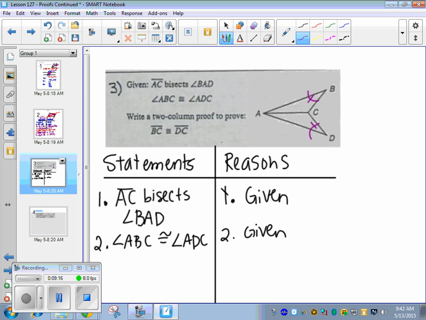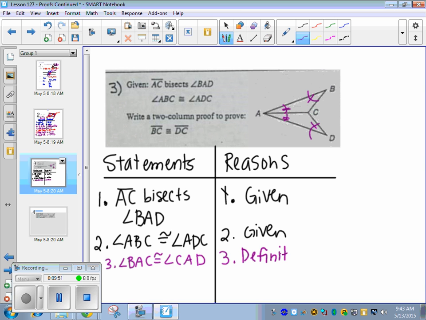So because it bisects, what can we mark? Right. So this bisects this whole angle here. So angle BAC is congruent to angle CAB. And what's our reason? Yep.